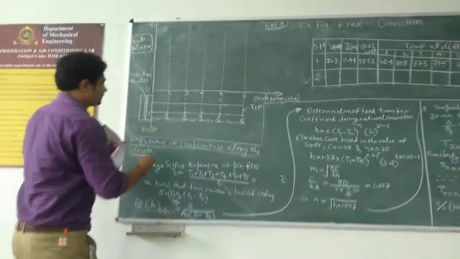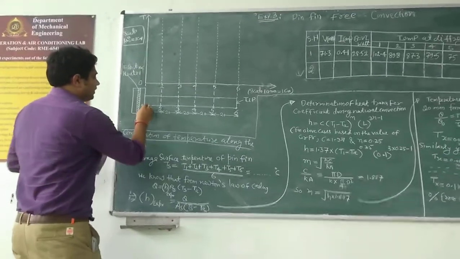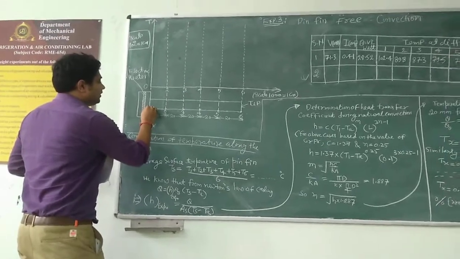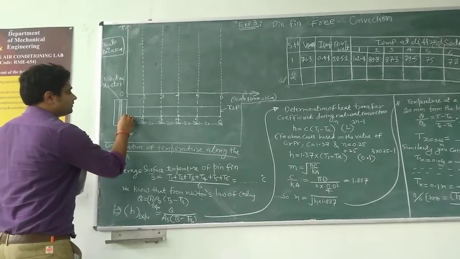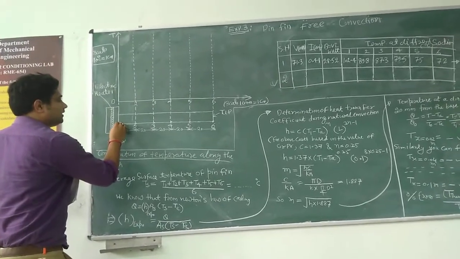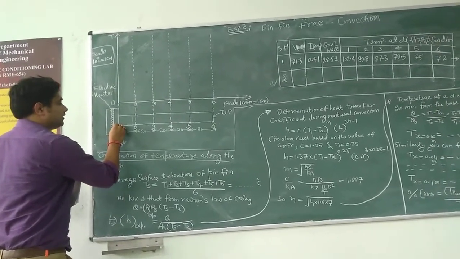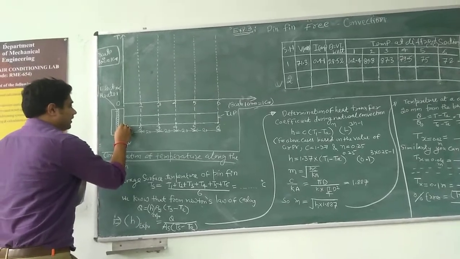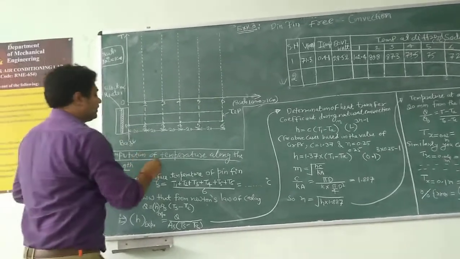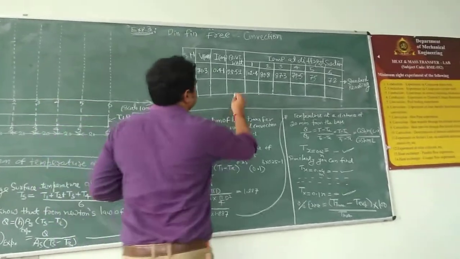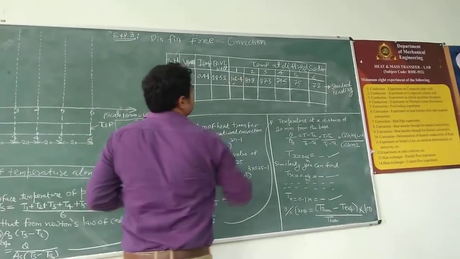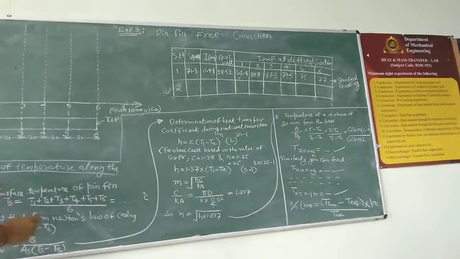Now you can see, point 1 denotes the thermocouple at location 1. You can measure the temperature T1 at the base surface, and the standard reading is 102.4 degrees Celsius.